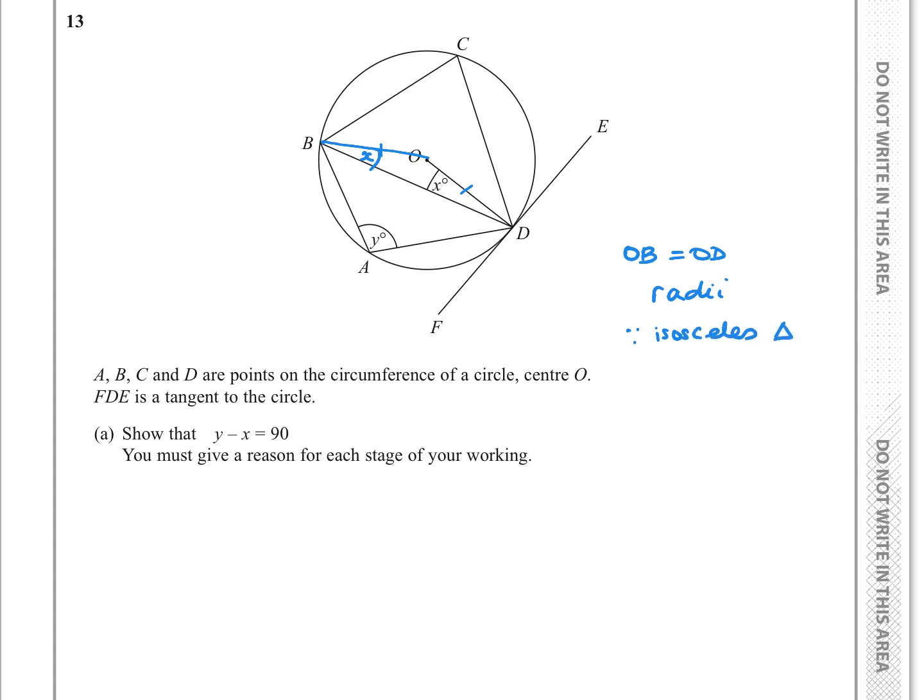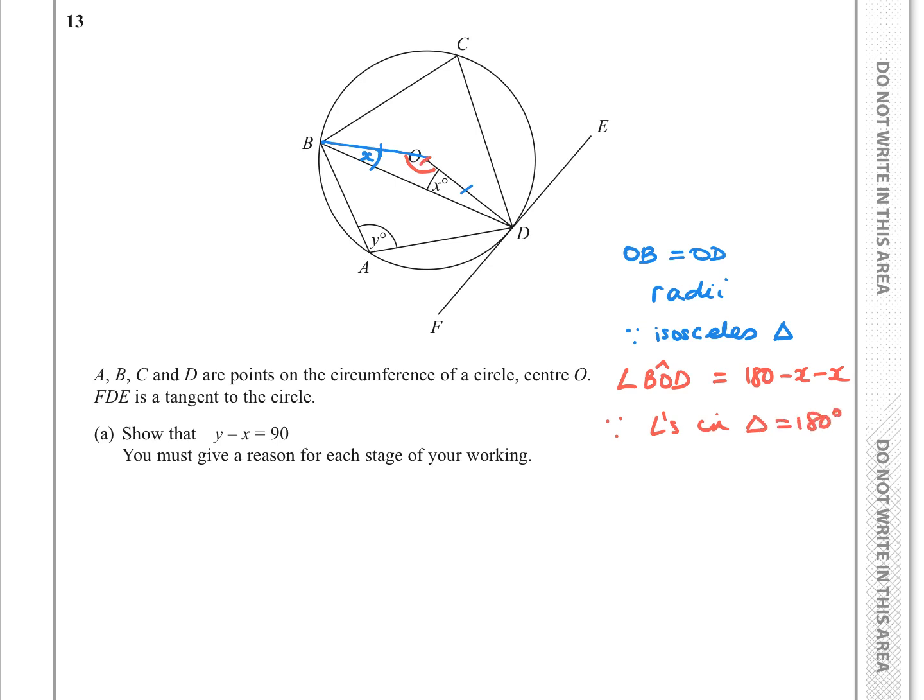So I'm not going to write everything in detail. Here, this angle, so we could say angle BOD equals 180 minus x, because angles in a triangle equal 180 degrees.